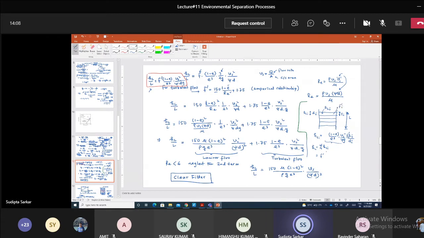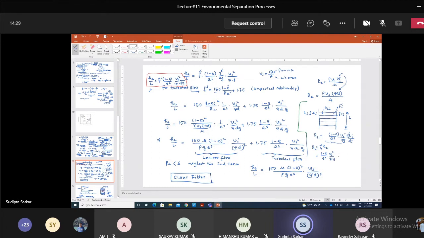Okay. So now if we try to write this formula, you can see that 1 minus E is a constant for all these beds. So E is constant and Vs square is the same. Psi is the same. G is the same.